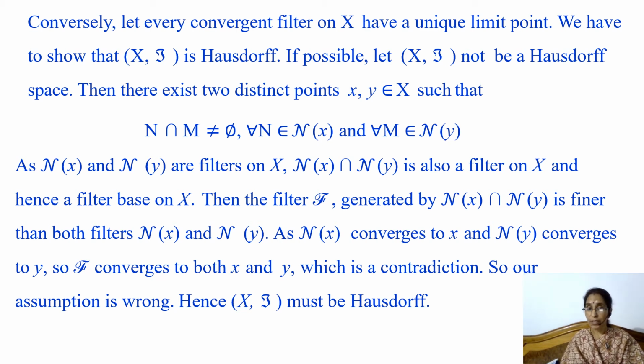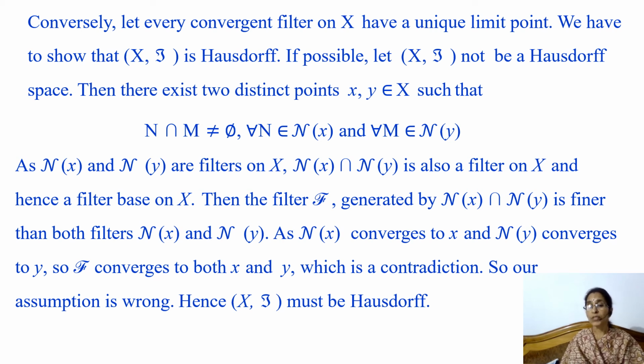Then the filter F generated by N(x) intersection N(y) is a filter finer than both filters N(x) and N(y). As N(x) converges to x, the filter F converges to x. Why?